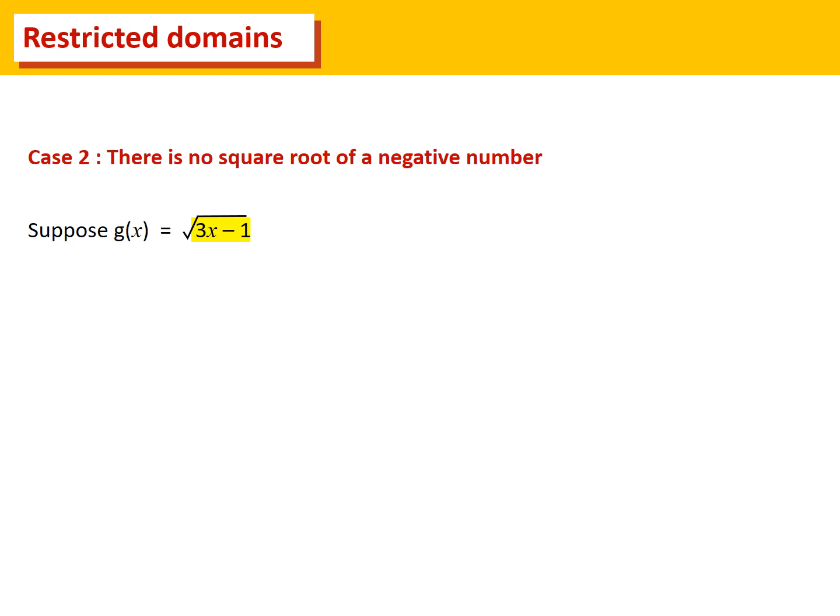And therefore we write that 3x subtract 1 has to be greater than or equal to 0. We then add 1 to both sides, so 3x is greater or equal to 1, and divide by 3, x has to be greater or equal to 1/3. So to make this function valid, our x values have to be greater or equal to 1/3.